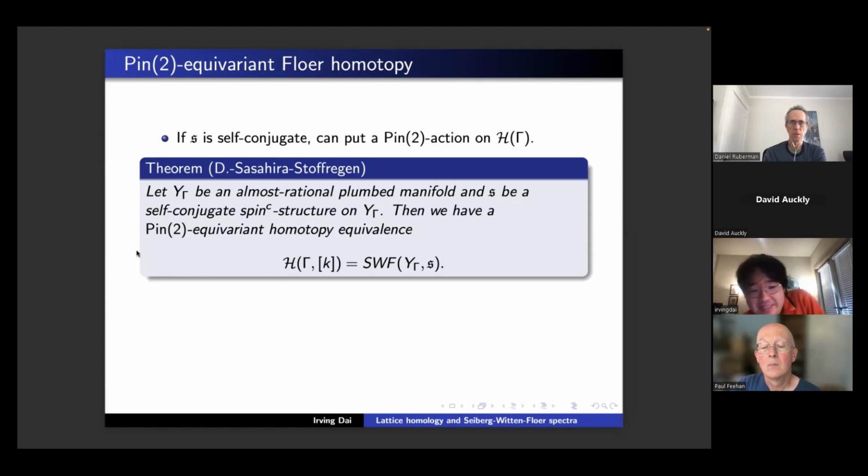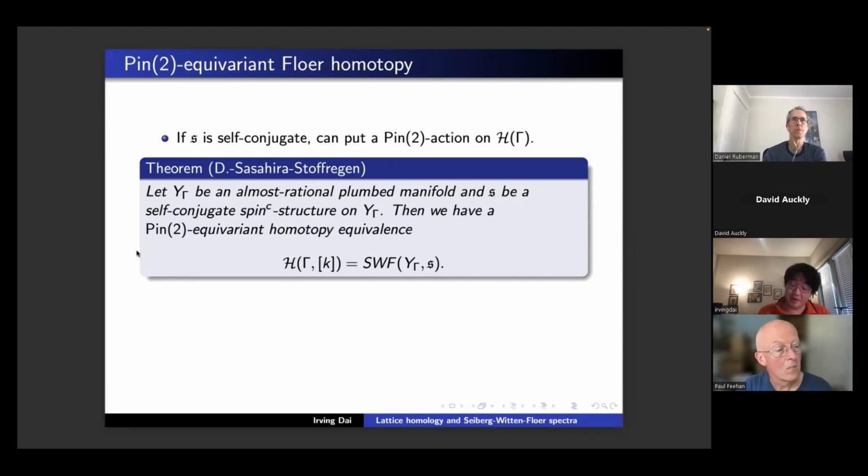The reason is that, in the discussion that I've told you, the map from the lattice homotopy type into the actual Seiberg-Witten-Floer homotopy type of Y is not evidently Pin(2)-equivariant. Roughly speaking, for people who have thought about lattices a little bit, it is Pin(2)-equivariant if the plumbing in question is spin.